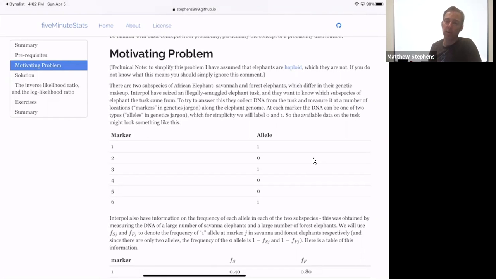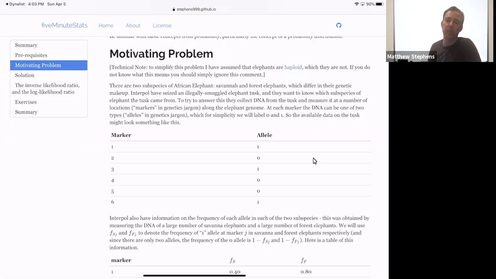This problem is a simplification of a real problem I worked on with Sam Wasser and other collaborators, where Interpol sees ivory from poached elephants. They've got ivory, they can get DNA from the ivory, and they essentially want to know where in Africa the ivory came from based on its DNA. So this is a simplification of that problem.